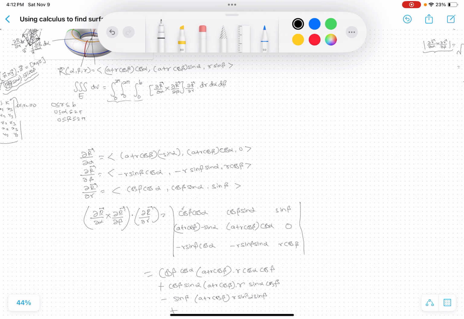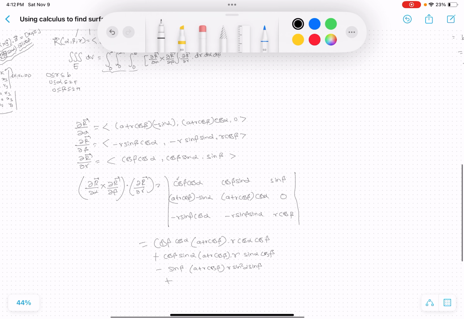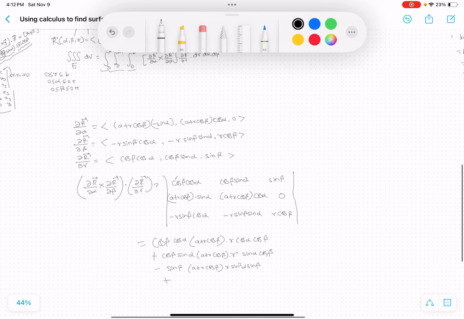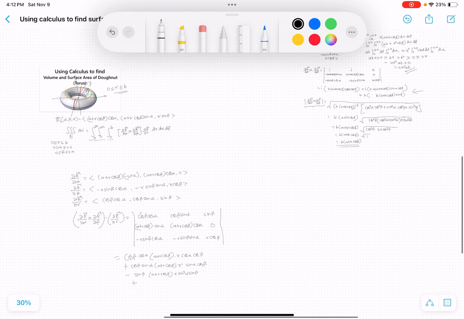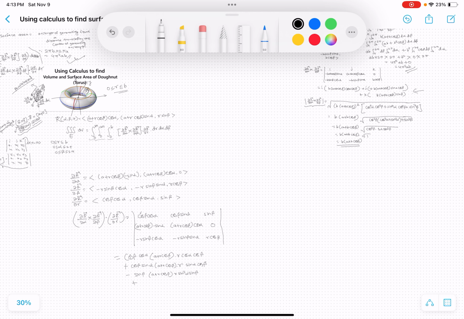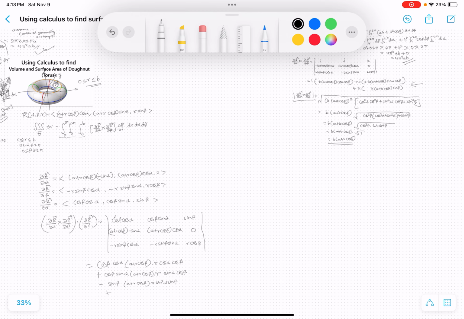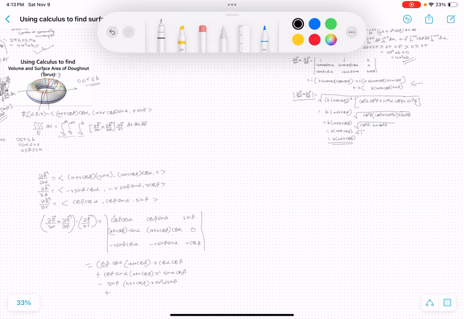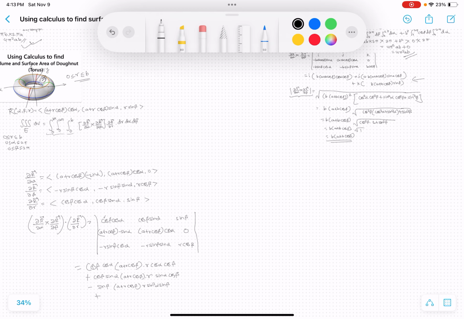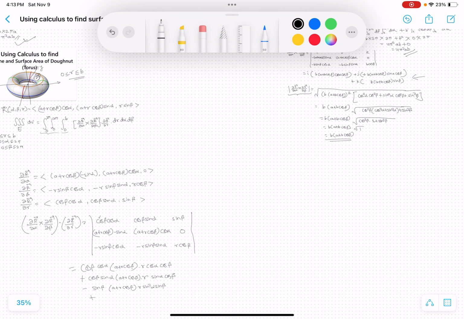Okay. So cos beta minus sine alpha. That seems to be true. Is this the same as the previous one? Do you get the same thing? Are you getting the same thing?